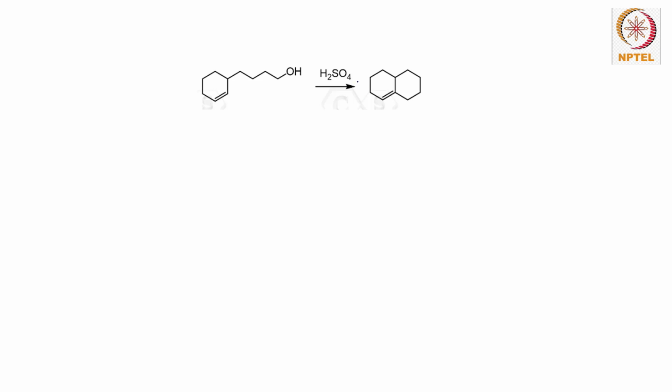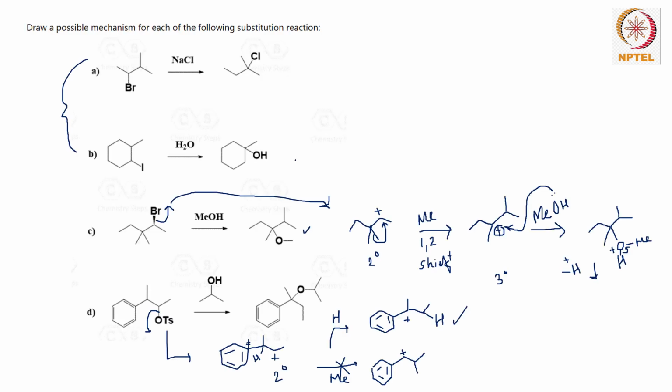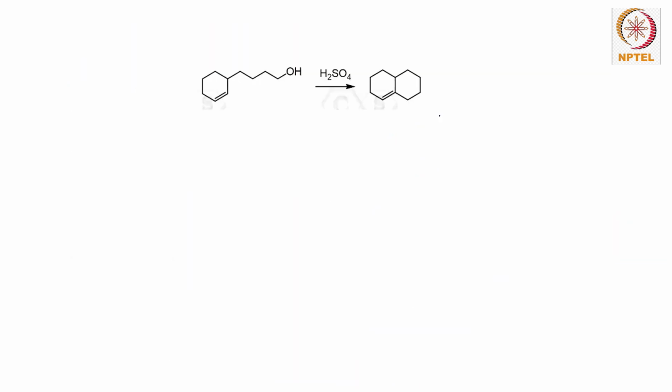The last two were based on SN1. These two are based on SN1, and the next question was based on, see here, no nucleophile has entered. No nucleophile has been entered.